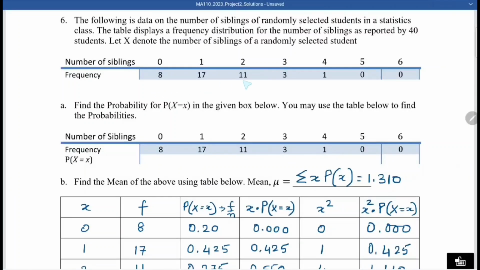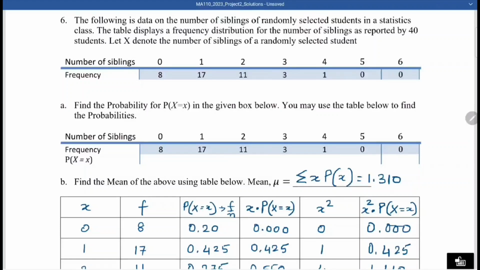So the total number of respondents is the sum of the frequency, which also represents n, or the sample size. So n is always the sum of the frequencies. Please, for n, do not add up these values of the variable 0, 1, 2, 3, 4, 5, 6.